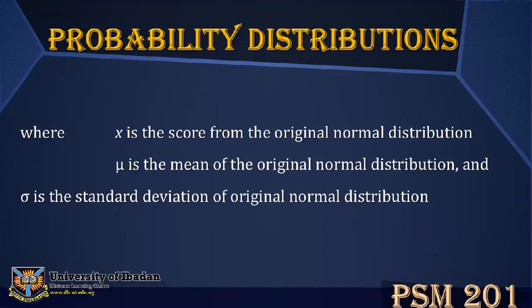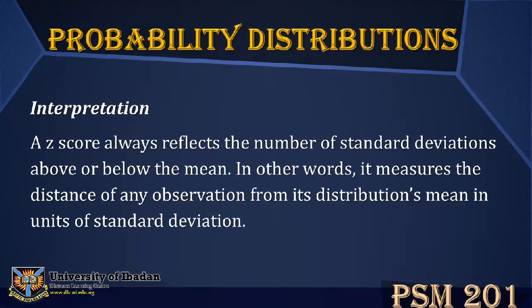The z-score can be computed for any observation from any normal curve as expressed below. z is equal to x minus μ over σ, where x is the score from the original normal distribution, μ is the mean of the original normal distribution, and σ is the standard deviation of the original normal distribution.